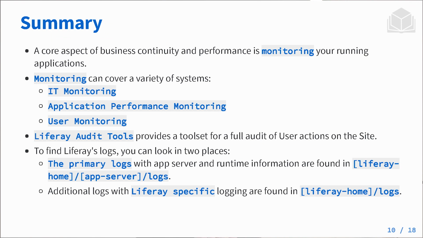Quick mid-chapter review here. You should actually be monitoring, because we want the system to be responsive. You don't want your CEO to be your monitoring system. You can cover IT monitoring, just your infrastructure, your uplink, and so on. On the application performance monitoring side, Liferay is currently partnering with Dynatrace, which is a quite well integrated system.